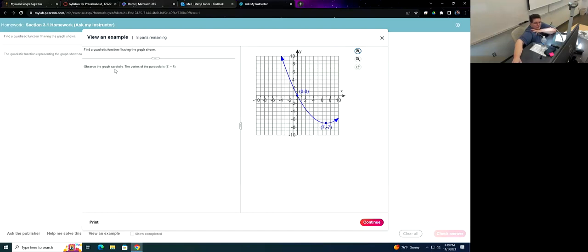It says observe the graph carefully. The vertex is 7, -7. It passes through 0, 0. Substitute the given values in the equation of the parabola f of x equals a times x minus h squared plus k. And it even says exactly how I said it. Wow, I was wondering if it was going to take a different path than I did.